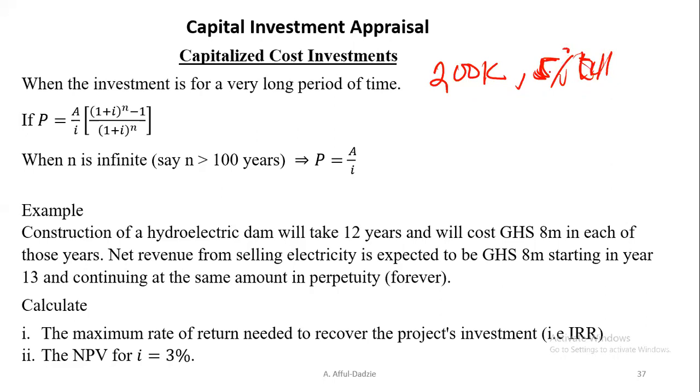In this instance, you don't know what n would be, so it will be difficult to compute the present value. So we say that the present value for stuff like this is just that periodic amount that comes in divided by the interest rate. It will give us a fair estimate.